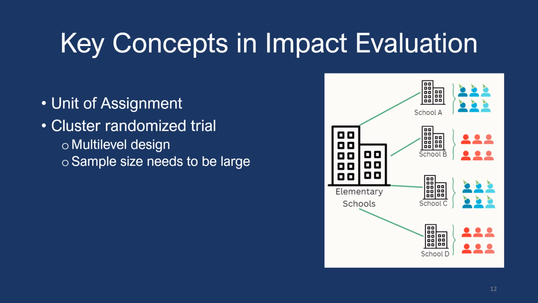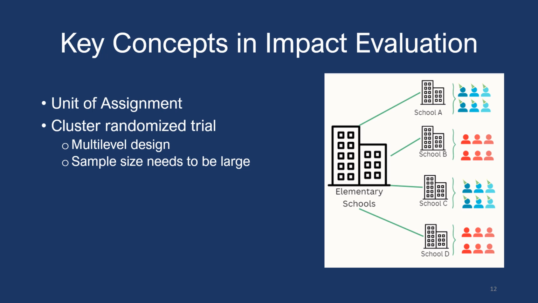So I did put a quick little picture on it just because I find that visualization often helps. So let's say that we're going to do a cluster randomized trial and our unit is elementary schools. Well, there might be 4 elementary schools within our target community, and we might be looking at grade 6 students for a reading program that we're looking to assess.